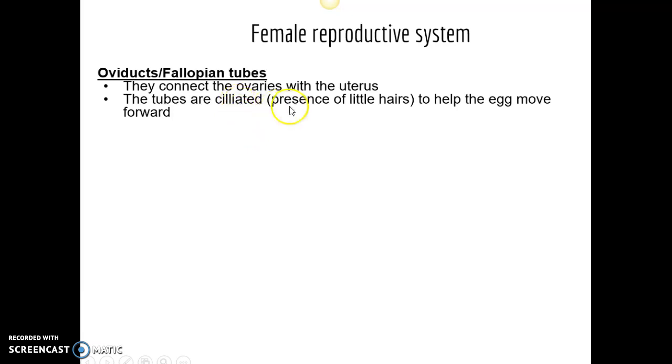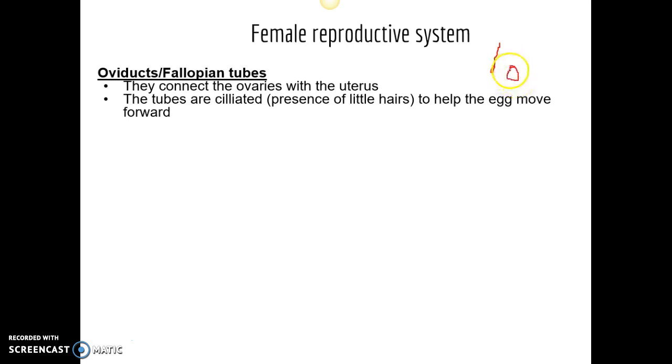These tubes are ciliated. Cilia means little hairs in biological terms, and the cilia help the eggs, the ova, to move forward. The ova that are produced in the ovary don't have a tail like the sperm cells. Let's paint a little bit. The sperm cells have a little tail, and they move forward by themselves.